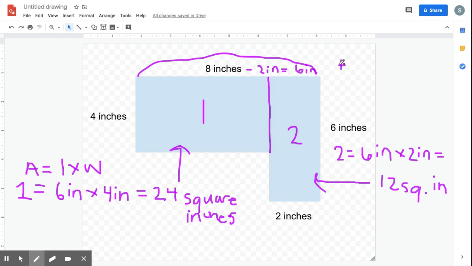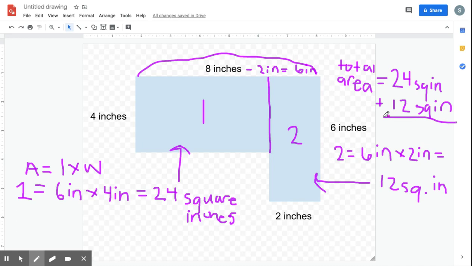So the total shape's area, total area, equals 24 square inches plus 12 square inches, which equals 4 plus 2 is 6, 2 plus 1 is 3, so 36 square inches.